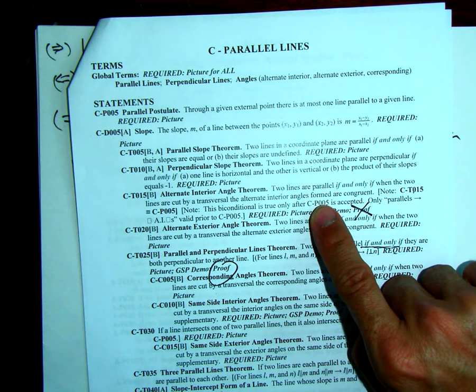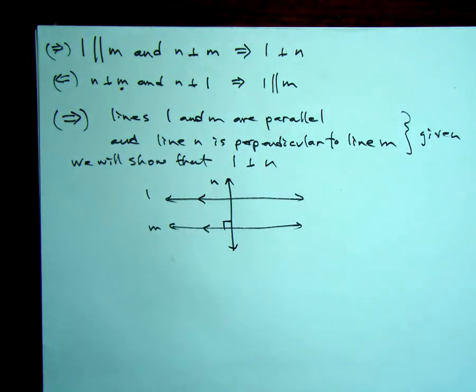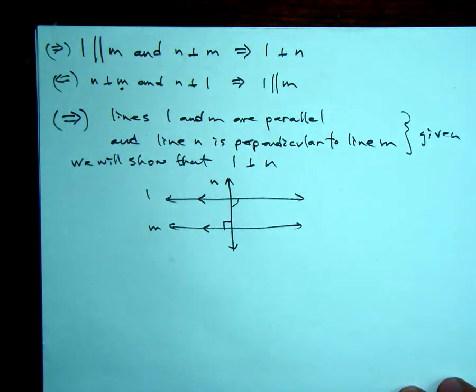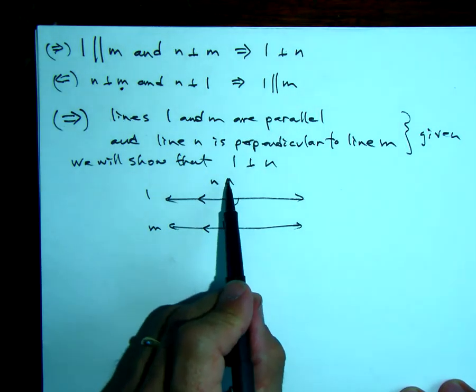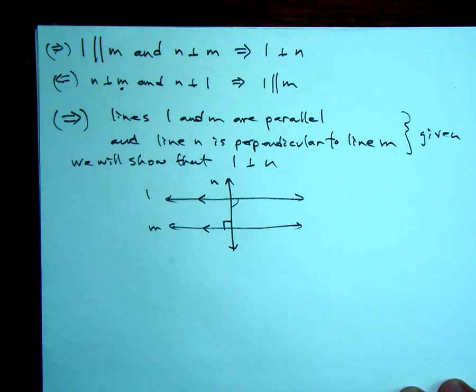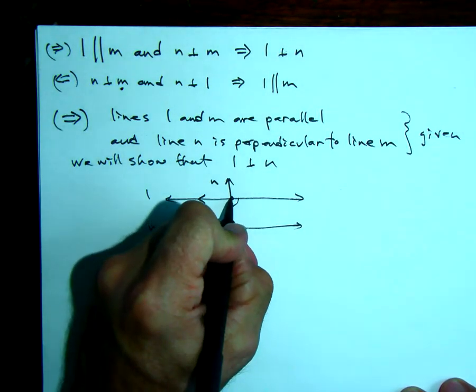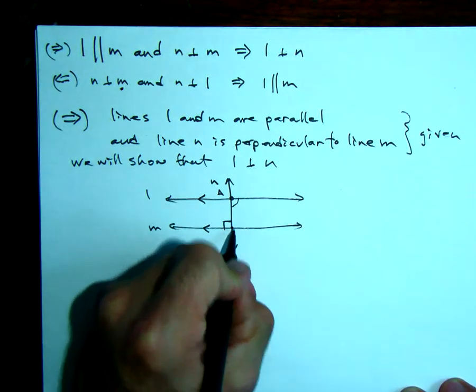So if I call this one an angle, then over here this would be the alternate interior angle, and I want to show that that is also a right angle. Therefore, N is perpendicular to L. To refer to these, I need to fill in some points so I can refer to these angles more easily. So let's call that A. We'll call this one B.